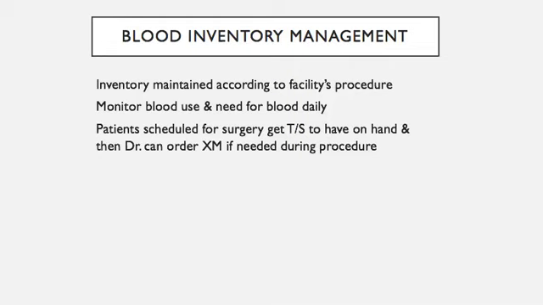A lot of times, depending on the available blood supply from your blood distributor, units like O negative are in short supply, and they will only allow you to order O negative units if you have a patient that's immediately needing those units. Patients scheduled for surgery are going to have a type and screen on hand, and then the doctor can order a cross match if needed during the procedure.